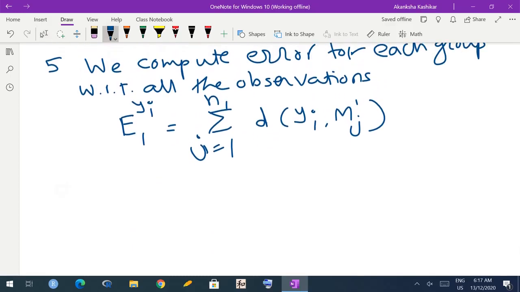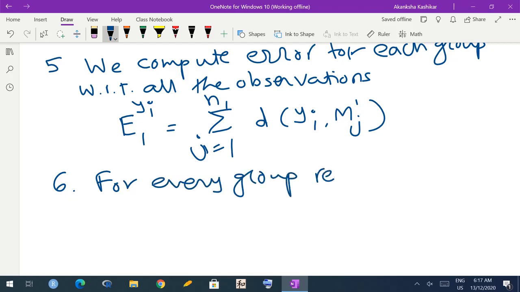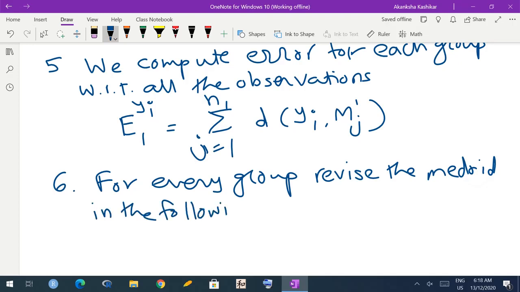And then for every group, revise the medoid based on these errors. Revise the medoid in the following manner.